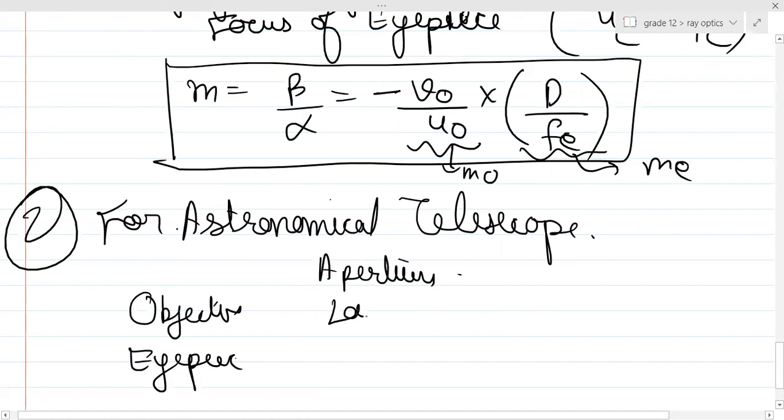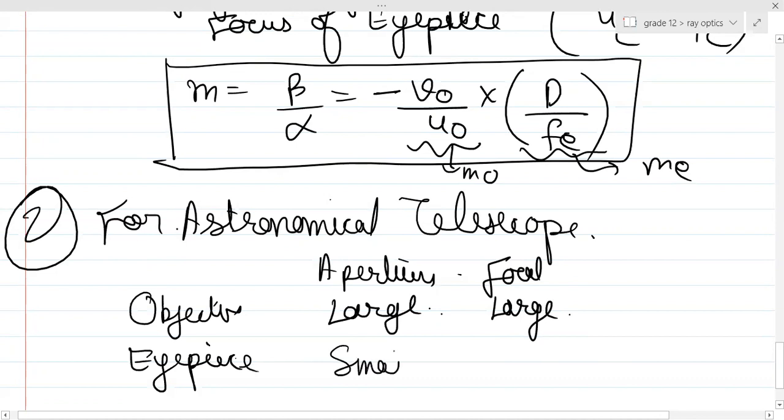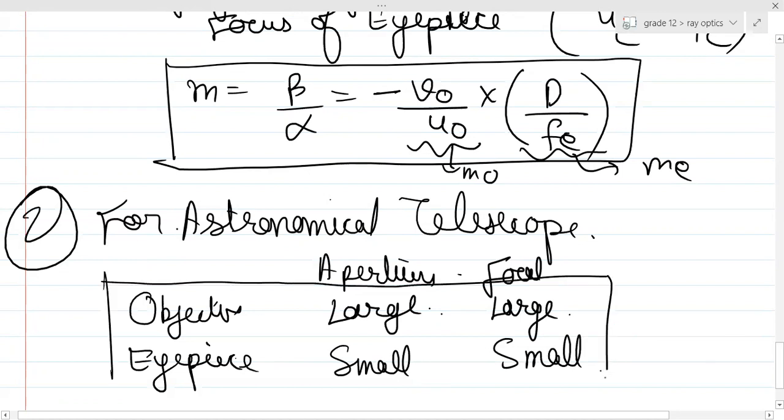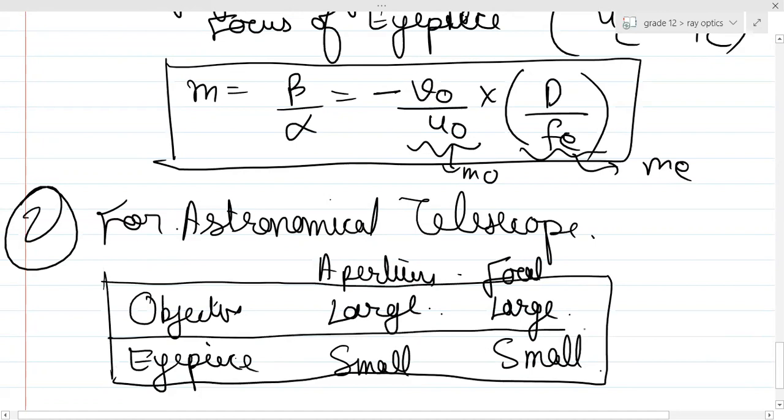The objective is of large aperture and large focal length, whereas the eyepiece has a small aperture and small focal length. Is it clear? Guys, can you see the difference between both of them? Is it clear?